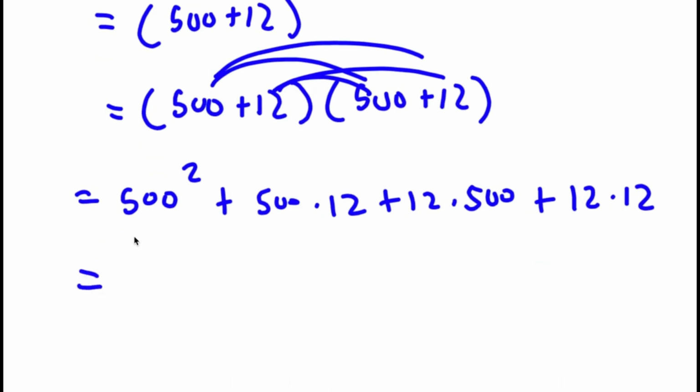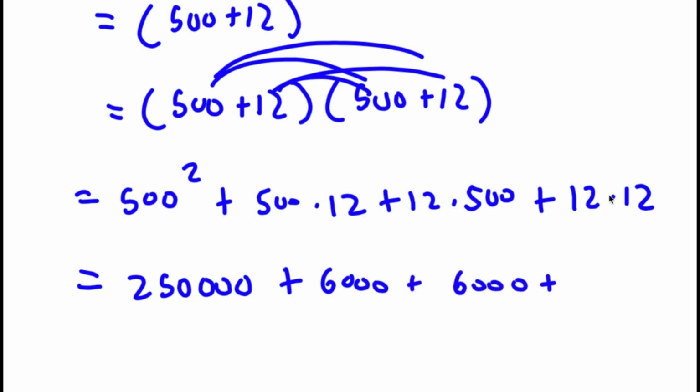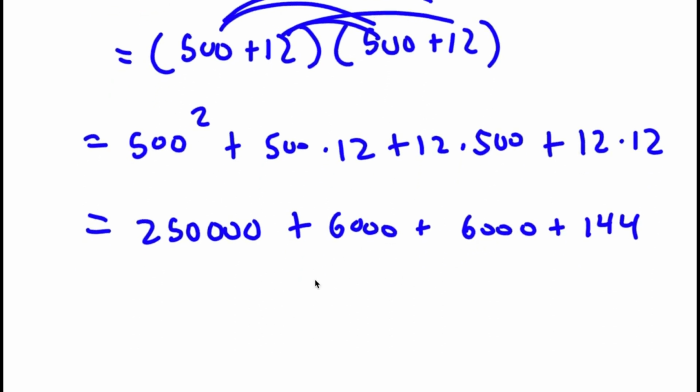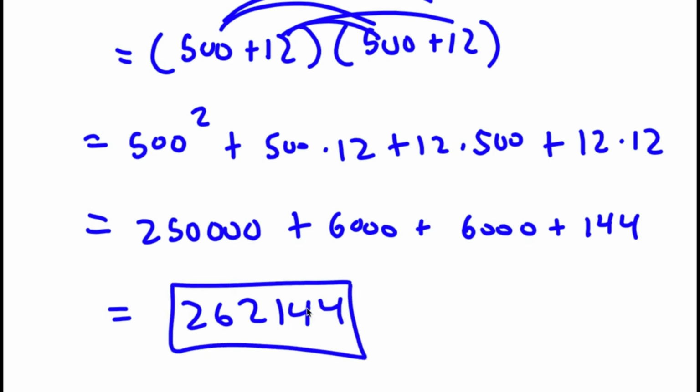So now 500 times 500, this is the same thing as 250,000. So I have this plus 500 times 12, this is the same thing as 6,000, plus again 6,000, plus 144. Now 6,000 plus 6,000 is 12,000, and 12,000 plus 250,000 is 262,000, and we can add 144 at the end, so I have 262,144, so this is my answer.